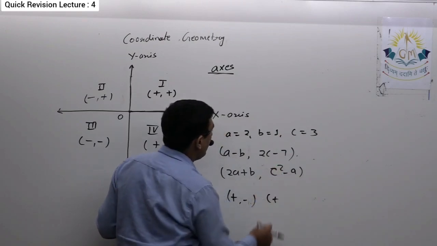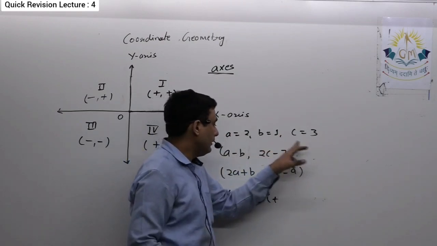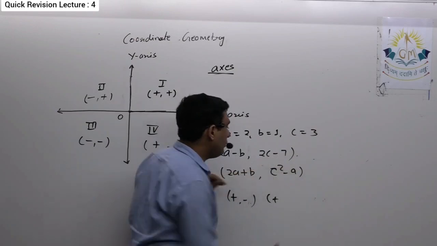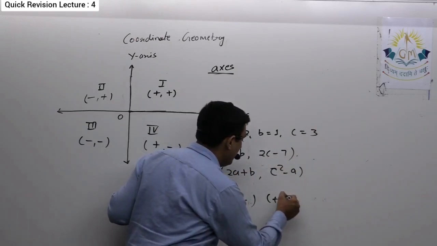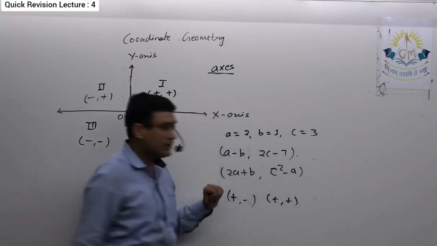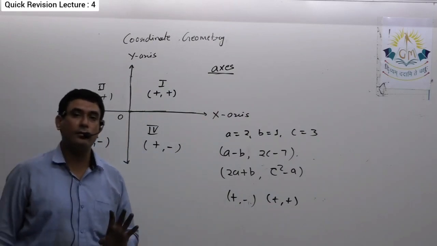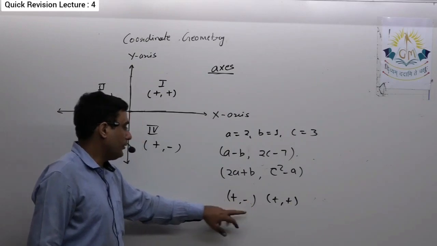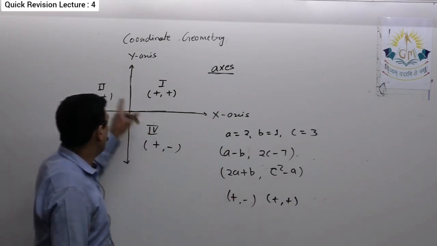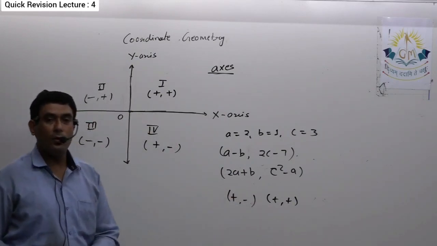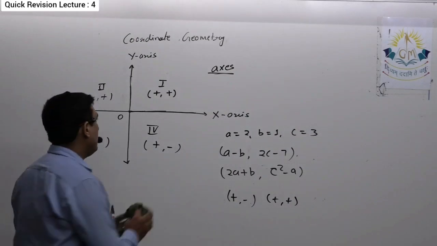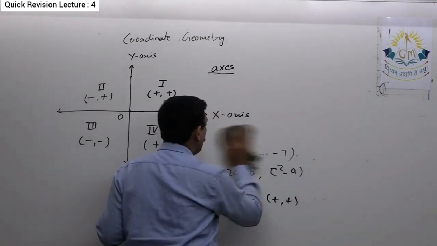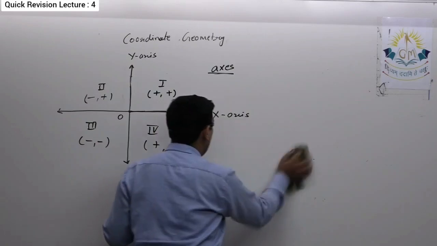Now c square minus a. c square is 9, since c is 3. So 9 minus 2 is 7, that is again positive. We are just concerned about the sign of the coordinate, it doesn't matter whatever its value is. So both positive, that means first quadrant. So this is again a way to ask in which quadrant the given points will lie.